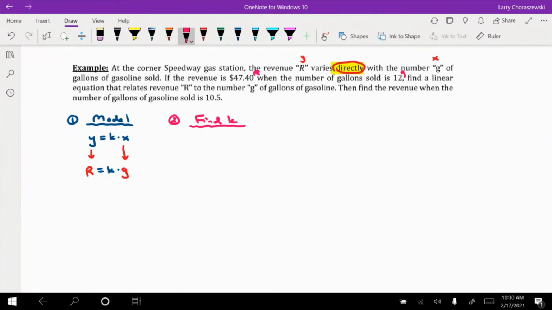This 12 right here is a specific value of G. So can I have you plug these two values into our modified model and come up with the value of k?